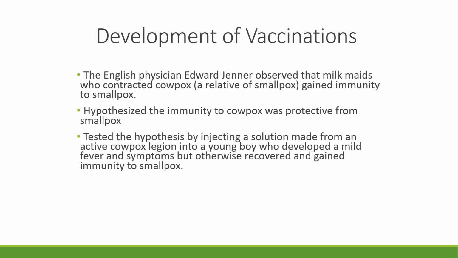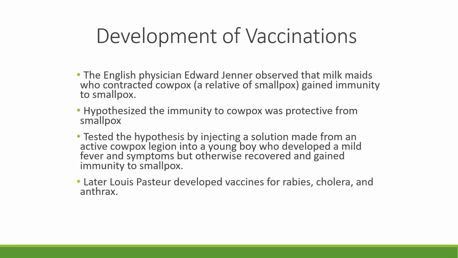The boy developed mild symptoms, but recovered and became immune to smallpox. Cowpox, while it could infect humans, wasn't as virulent as smallpox, so it was less harmful. While this would be a questionable ethical practice today, it was a little bit of a different world back then. And later, Louis Pasteur expanded on this idea. He developed vaccines for rabies, cholera, and anthrax, and this paved the way for our modern immunization.